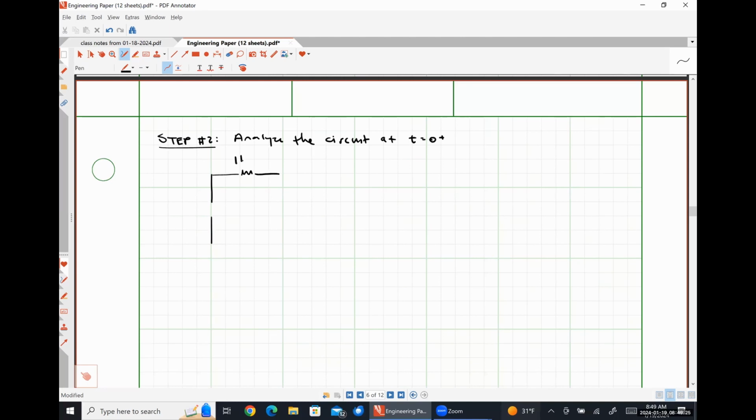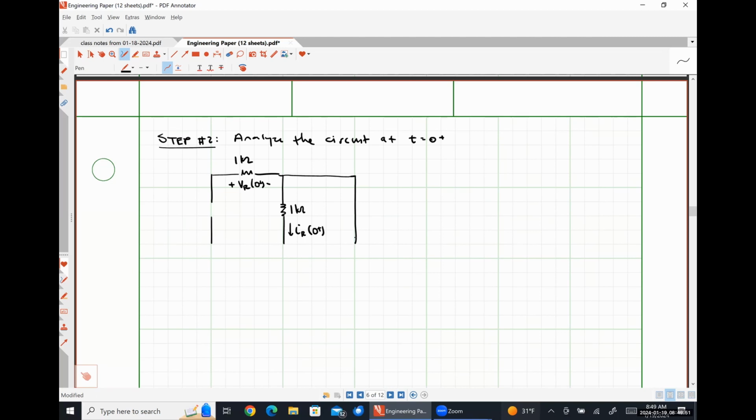Here is our 1 kilo ohm resistor across which we're going to find VR at 0 plus. Here is our 1 kilo ohm resistor through which we're going to find IR at 0 plus. So at t is equal to 0 plus, our switch has closed.